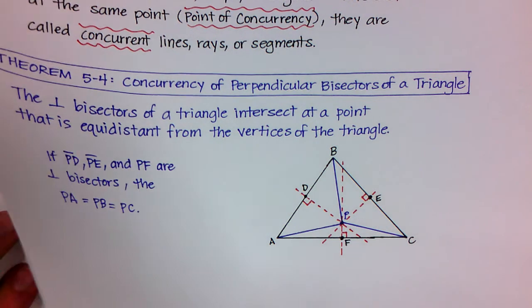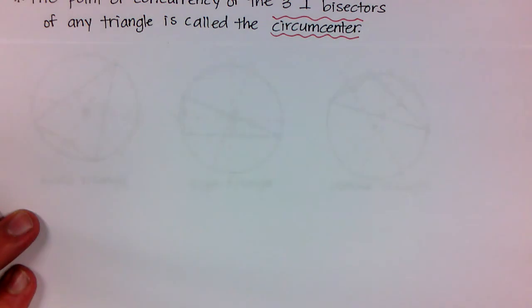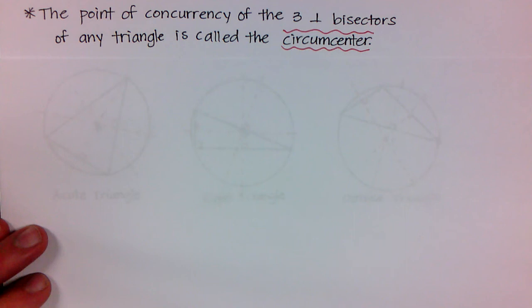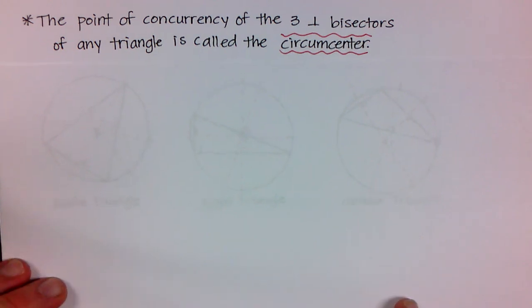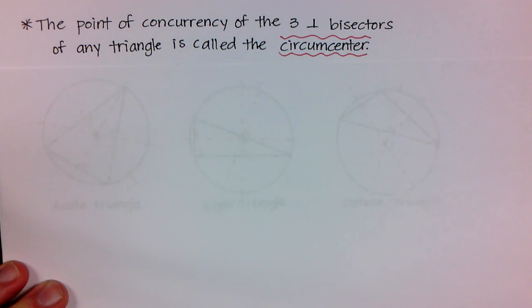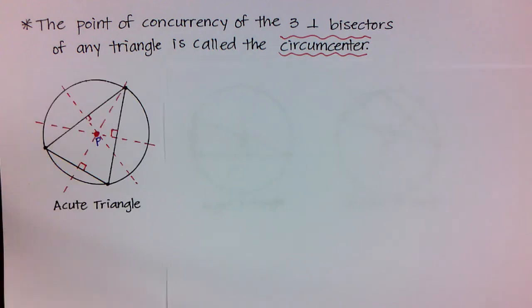So the very final thing that I'm going to introduce is called a circumcenter. And it says that the point of concurrency of the three perpendicular bisectors of any triangle is called the circumcenter. Okay, so there's different types of triangles, right? The first triangle is kind of the one that we just had. It was an acute triangle.